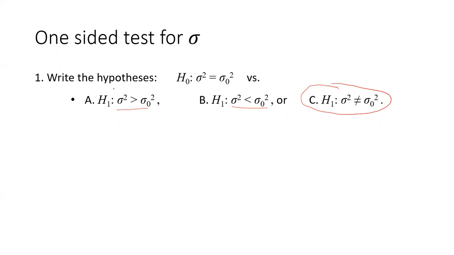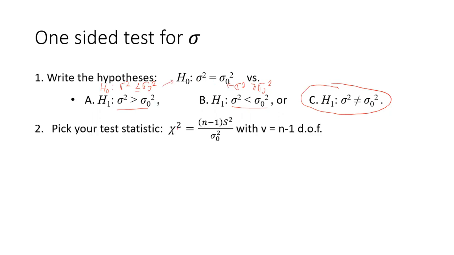Remember, this is equivalent to testing H0: sigma square is smaller than or equal to sigma 0 square, and this is equivalent to sigma square greater than or equal to sigma 0 square. But as we said, since I can just write this in terms of equality, we can just write these things.